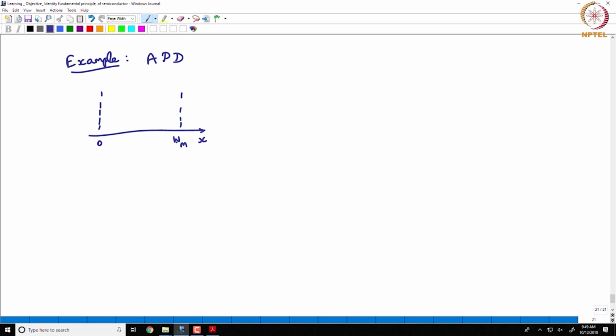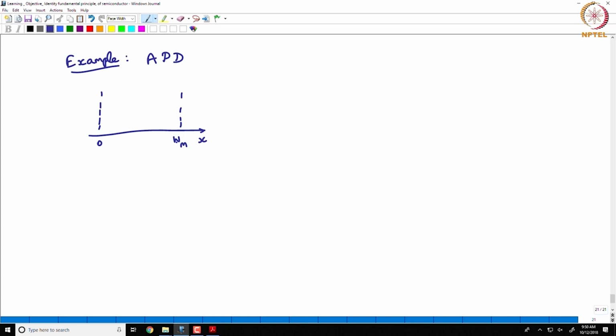Okay. What is on the left side of that 0 location? That corresponds to the intrinsic region. What is on the right side of the WM region? That is the n region. Okay. So just to give you a perspective of where we are.